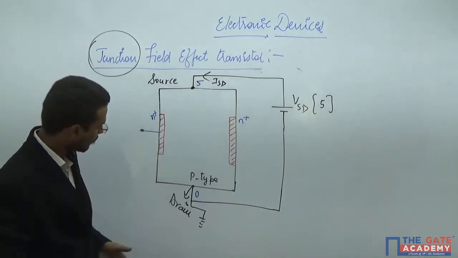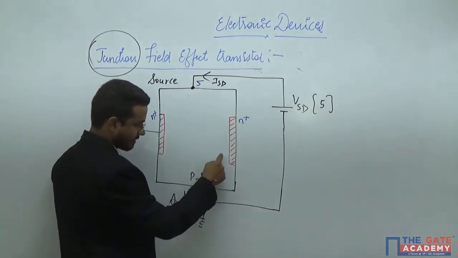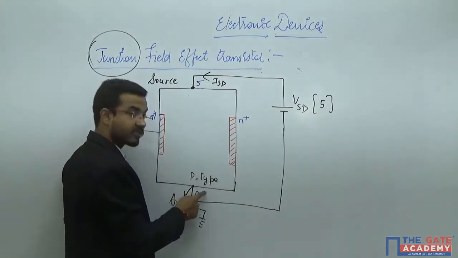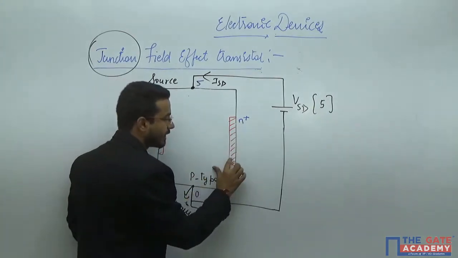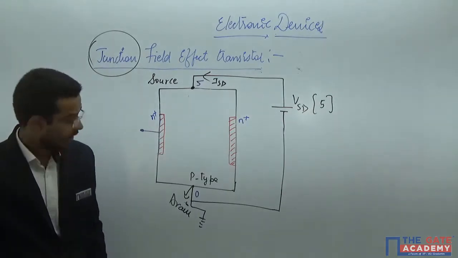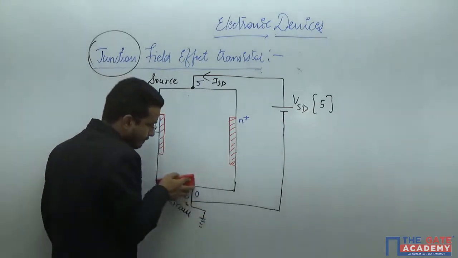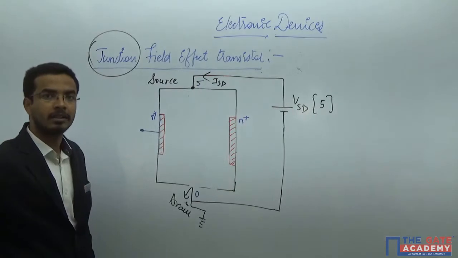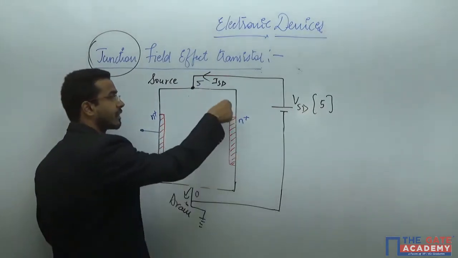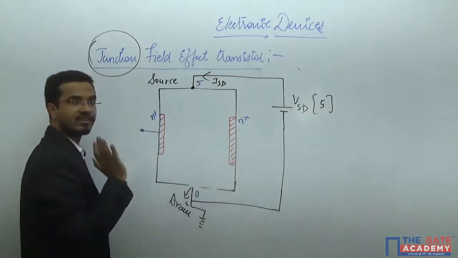Okay, but what will happen on this side? You know that this N plus is at higher potential than this ground, so this side will become reverse bias. So firstly I will assume that the voltage is constant throughout the device, so whatever depletion region you are getting here will be constant.